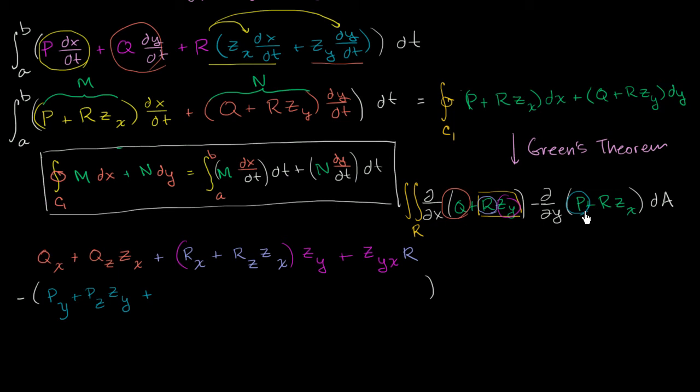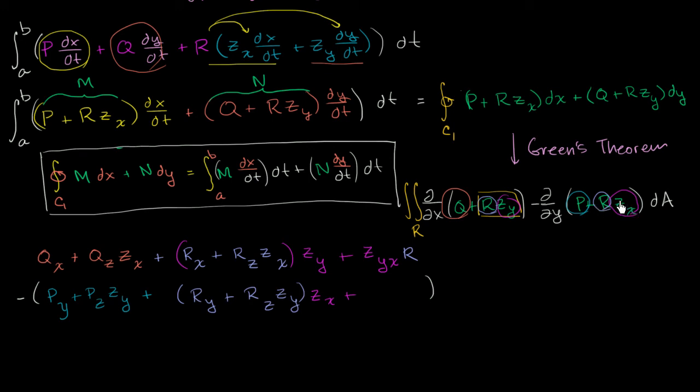plus, and I'll do r maybe in that same color, plus the derivative of r, well, we already figured that, but actually now it's with respect to x, not with respect to y. You have to be careful. So it's going to be the partial of r with respect to y plus the partial of r with respect to z times the partial of z with respect to y times z sub x, plus, now we take the derivative of the second term times the first term.